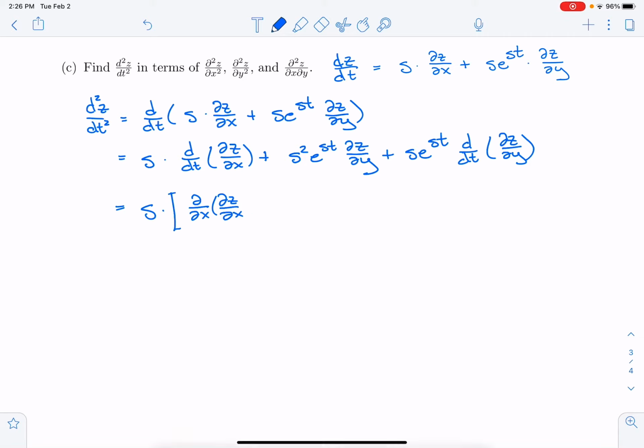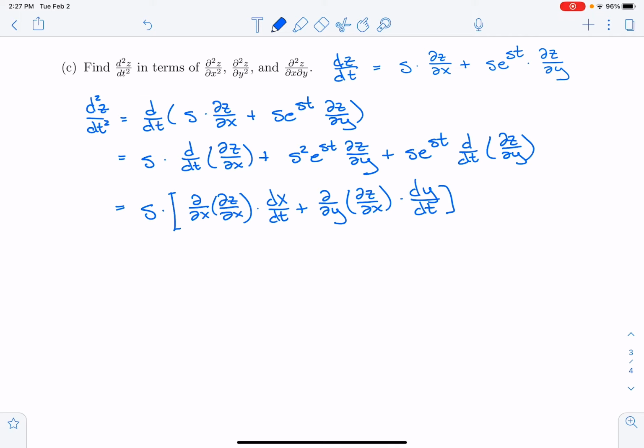So the x derivative of dz dx times dx dt plus the y derivative of dz dx times dy dt. Now you may say to yourself, why am I doing that? Why am I taking x and y derivatives of dz dx? Well, we can imagine that z, because it's a function of x and y, then dz dx can be a function of x and y.